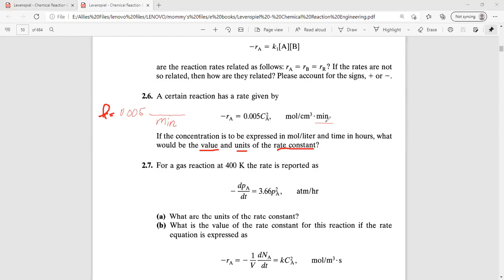So what do you think will be the placement of the mole and the cubic centimeter in your rate constant? That way, when you multiply the 0.005 with its units and the CA squared, the final set of units would be this. How do you place the mole and the cubic centimeter in the K?